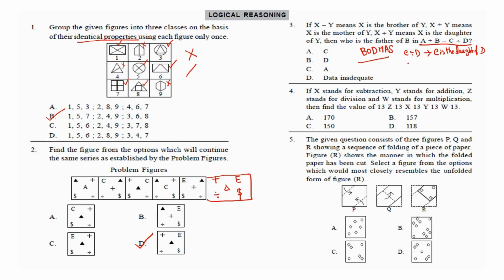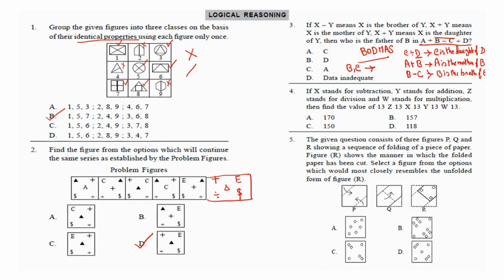Then you come to this part, A plus B. A plus B means A is the mother of B, correct? And if we take the middle part, B minus C, that indicates that B is the brother of C. So here we see that B and C are brothers, and their father is who?